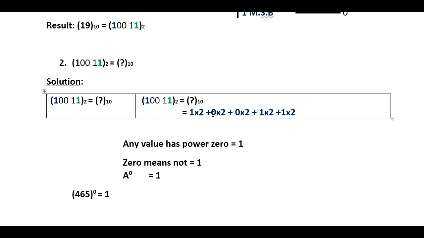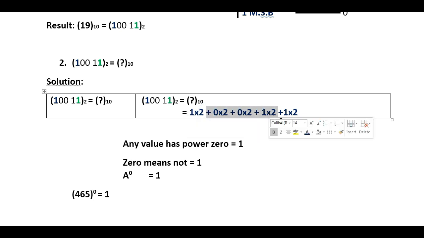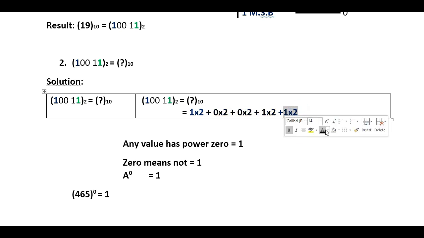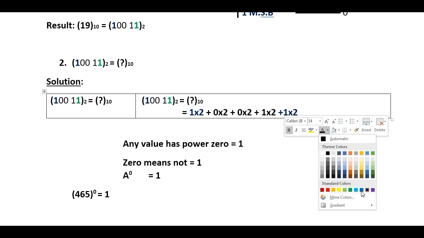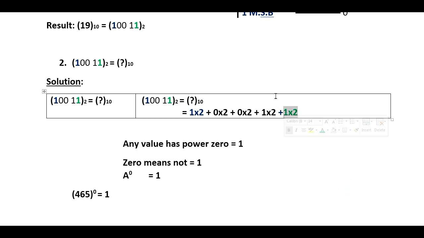Here you see this 1 cross 2 is the most significant bit, and these values are the middle values. I change the color for better understanding of yours. The 1 cross 2, the last one, I change the color, it is similar to green. So, assigning the powers.